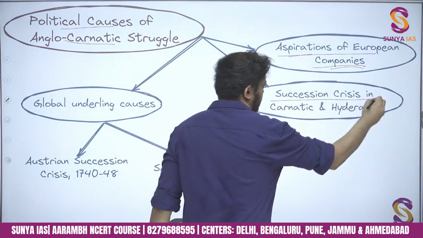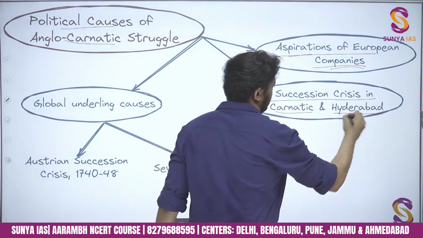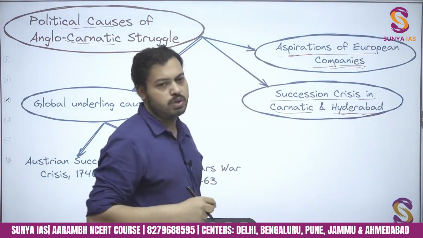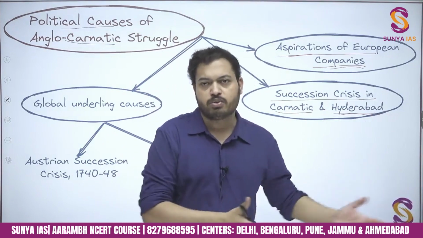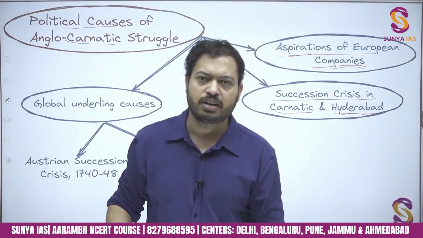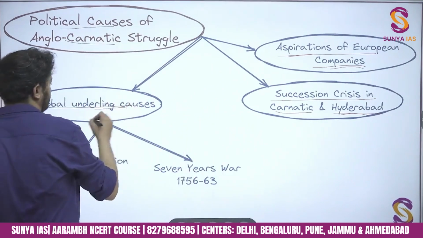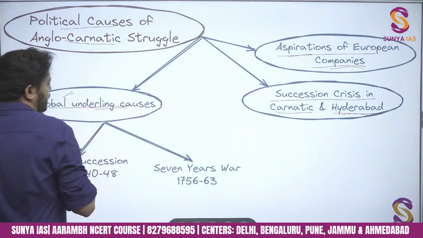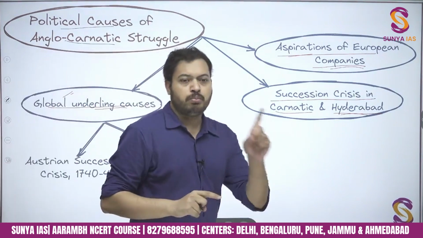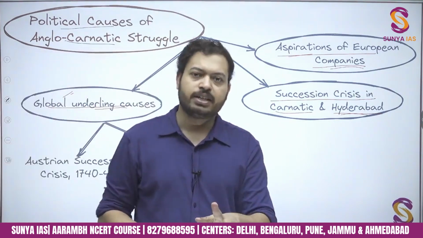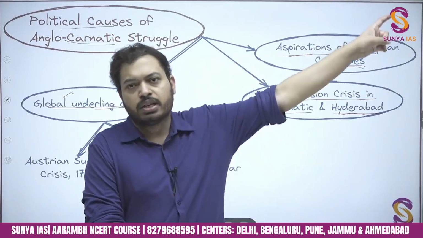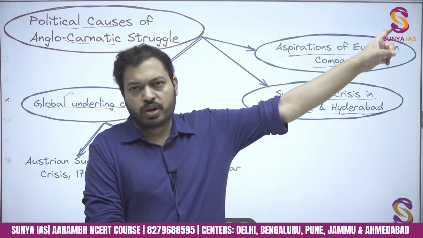Then the succession crisis in Carnatic and Hyderabad was in itself a reason, because that was the foundational reason for the second Carnatic war. And the third one, the global underlying causes, which again played a very vital role both in the first and the third Carnatic war. First, the issue of the Austro-Hungarian Empire.